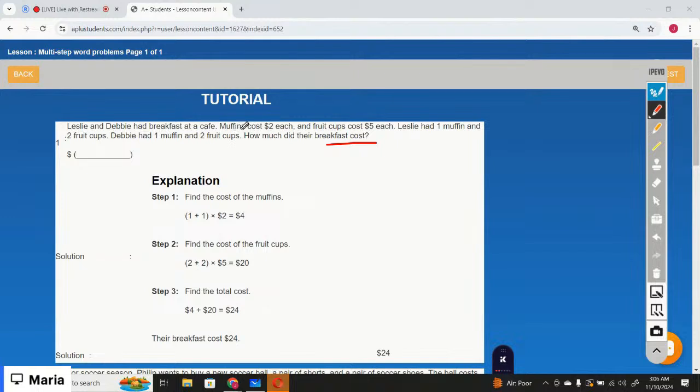Muffins cost $2 each and fruit cups cost $5 each. Leslie had one muffin and two fruit cups. Debbie has one muffin and two fruit cups. So they both have two muffins and 2 plus 2, 4 fruit cups, right?